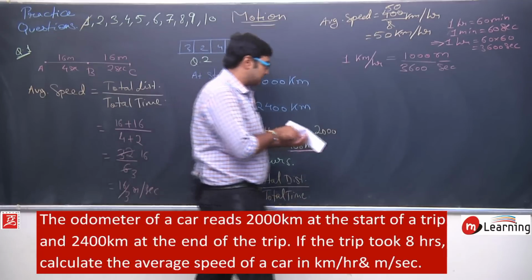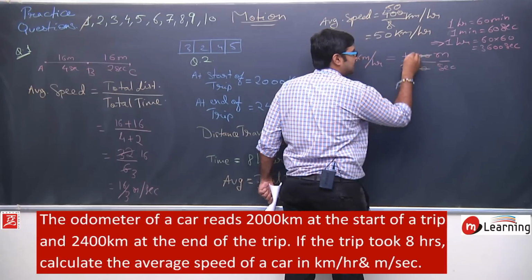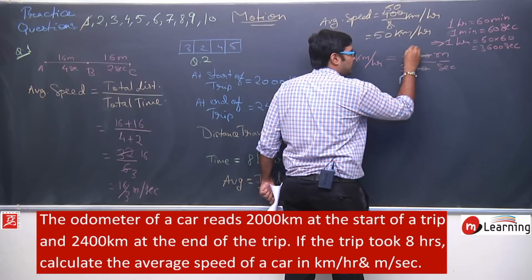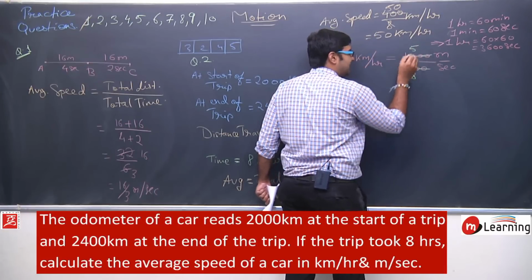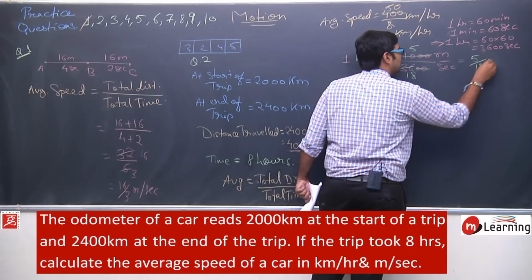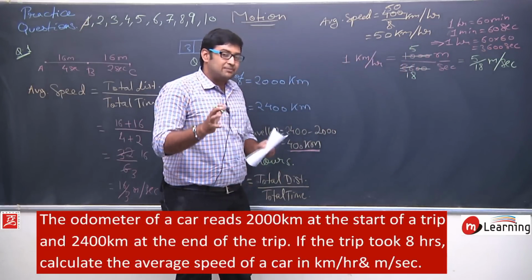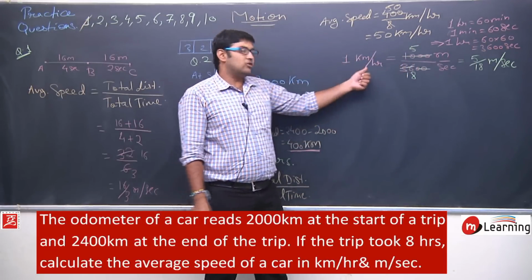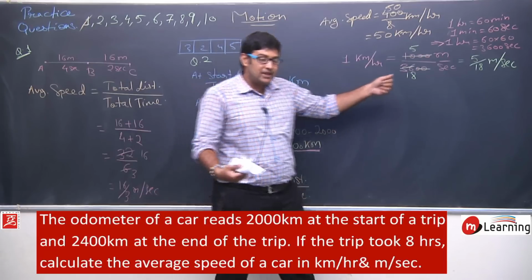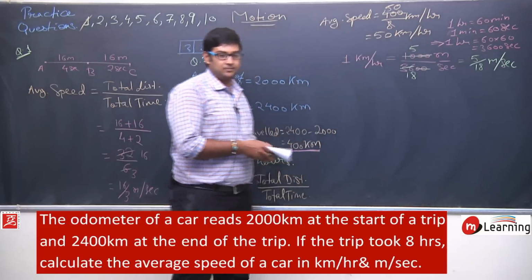Now if you solve this, 2 zeros will get cancelled, 10 upon 36, so 2 5s are 10 and 2 18s are 36. This will give you 5 upon 18 meters per second. So 1 kilometer per hour is equivalent to 5 upon 18 meters per second.